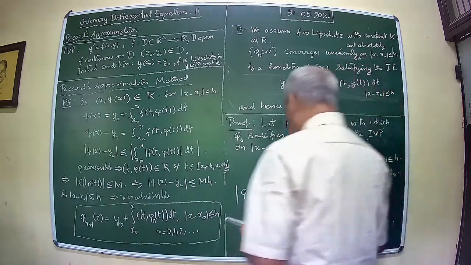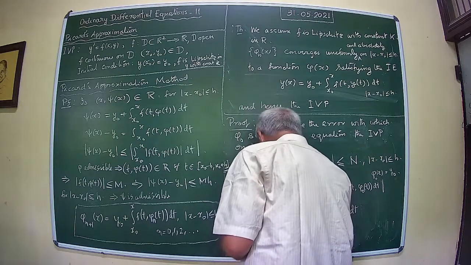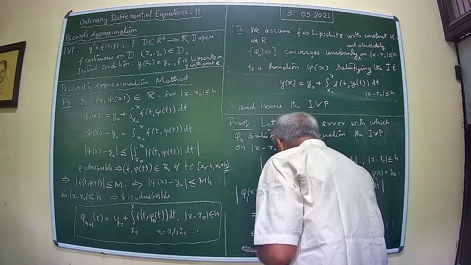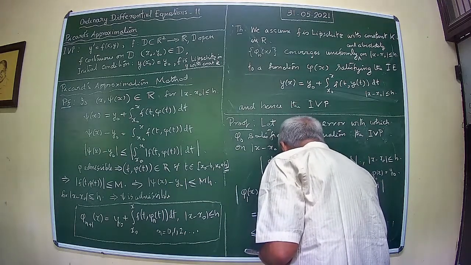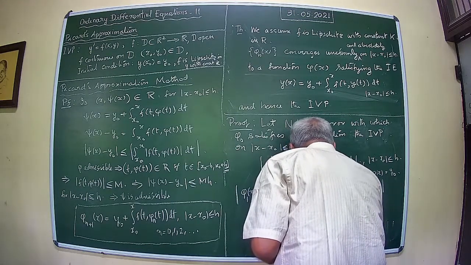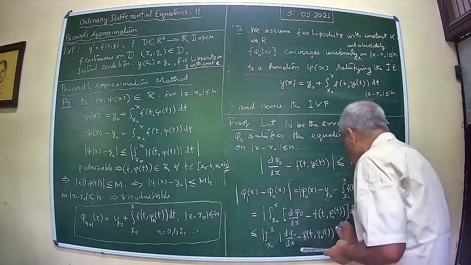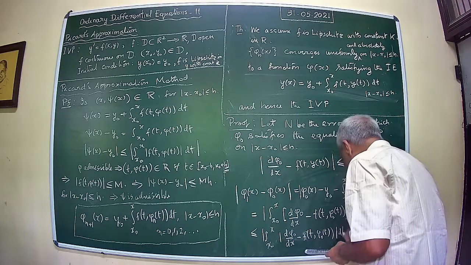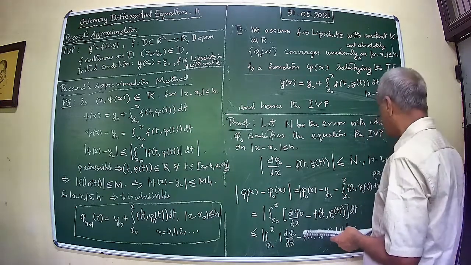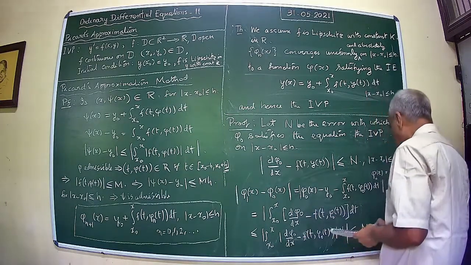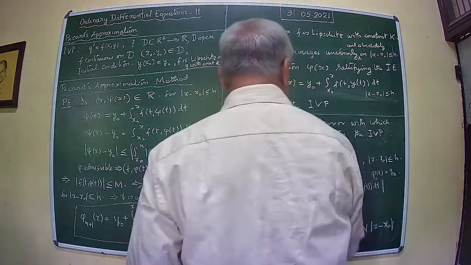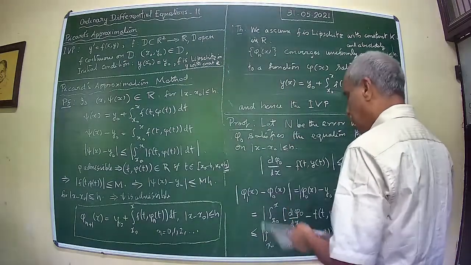Now we can estimate this. If you estimate this, this is what you get, integral x naught to x, this is less than or equal to n times mod x. Okay, so that's quite easy.